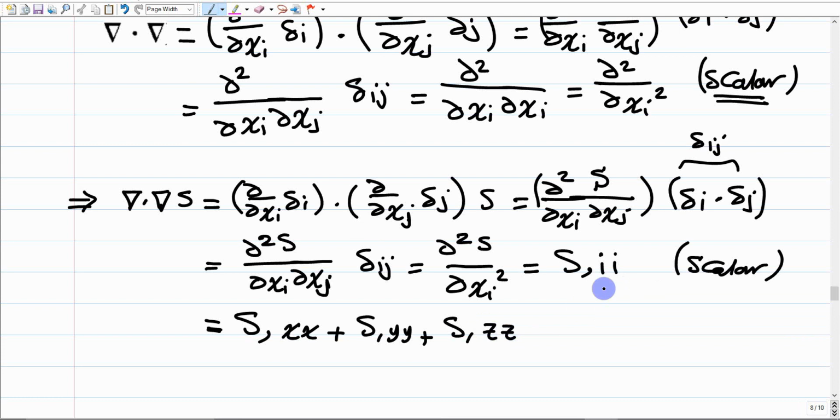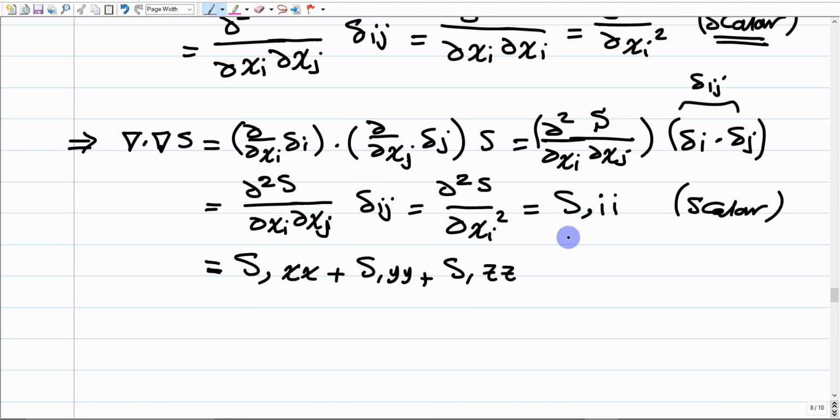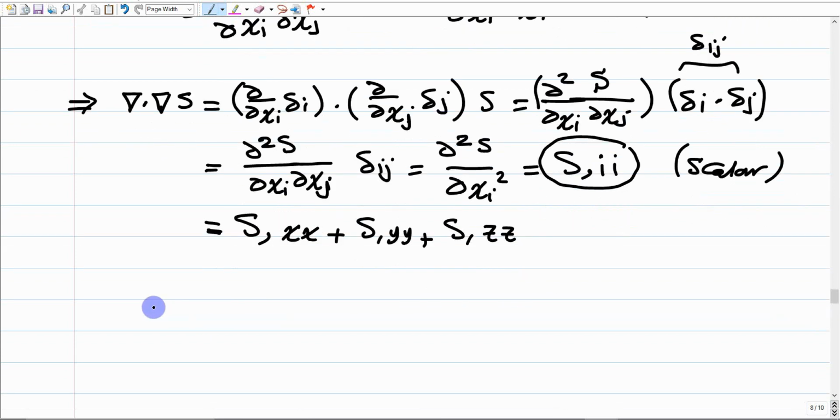Why? Because i is a dummy index, so it's going to be 1 time x plus 1 time y plus 1 time z, and so on. So this is the compact form of the Laplacian of a scalar field, and this is the expanded form of the Laplacian of the same scalar field. Make sense?